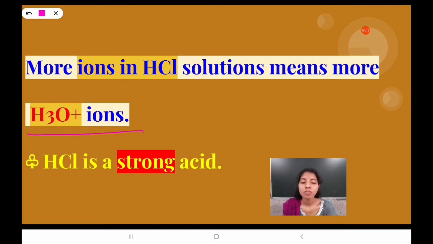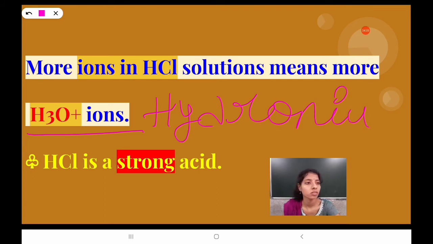So more ions means in HCl solution more hydronium ions will be present, and we can say that HCl is a strong acid, right? There we observe the glowing of bulb is very bright. So HCl is a strong acid.